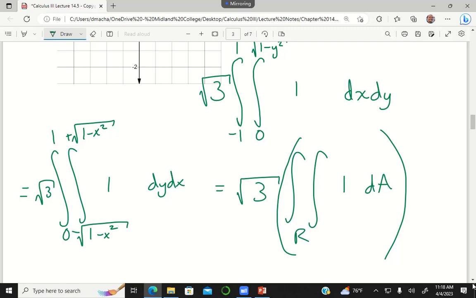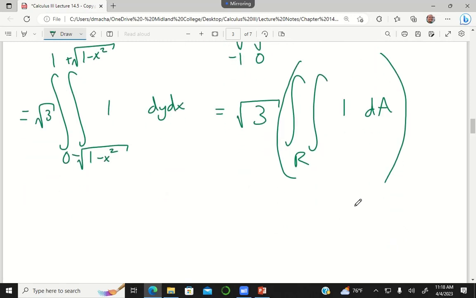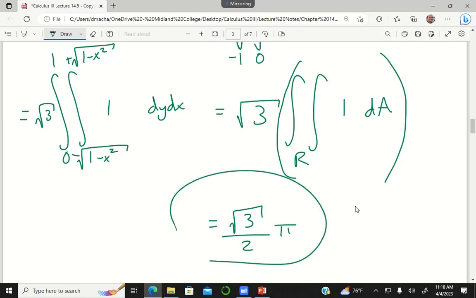In this case, my radius is 1, so the area of that circle would just be pi, but I'm also just taking half of the circle, so the area should be pi halves. And so without having to do any extra work, I know that this is going to be square root of 3 over 2 times pi. Just by using my knowledge of the formula for the area of the circle, and knowing that if I take the double integral of 1 over some region in the plane, it just gives me the area of that region in the plane.